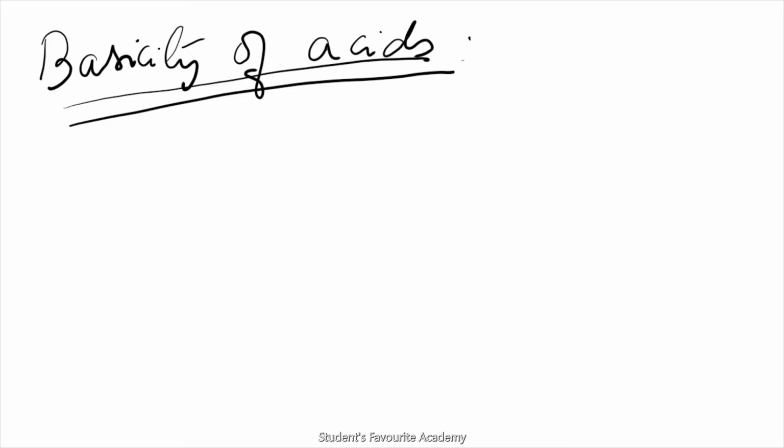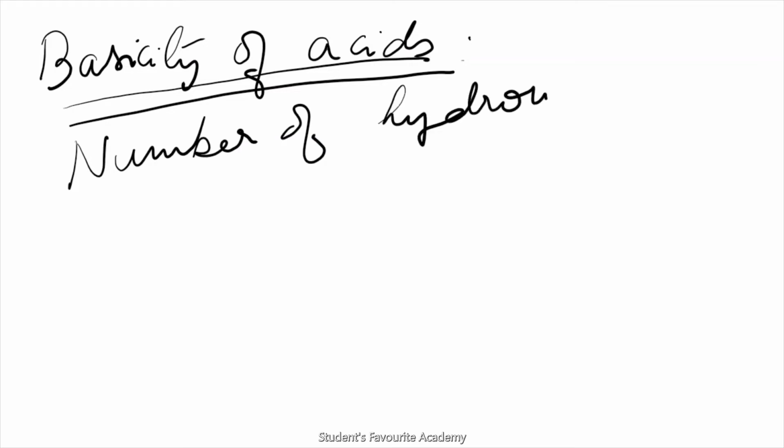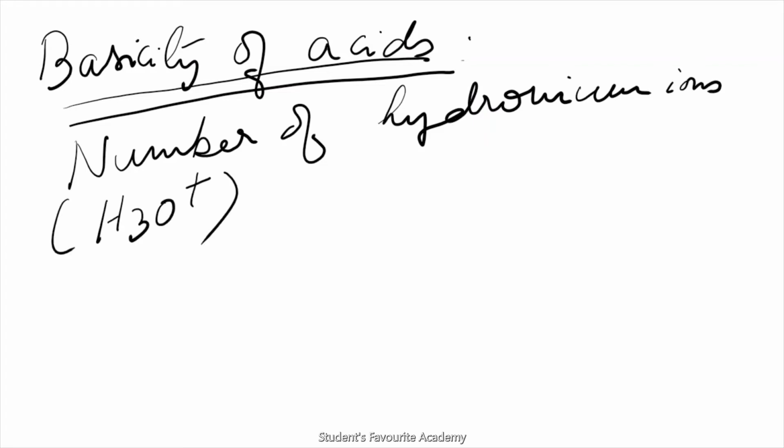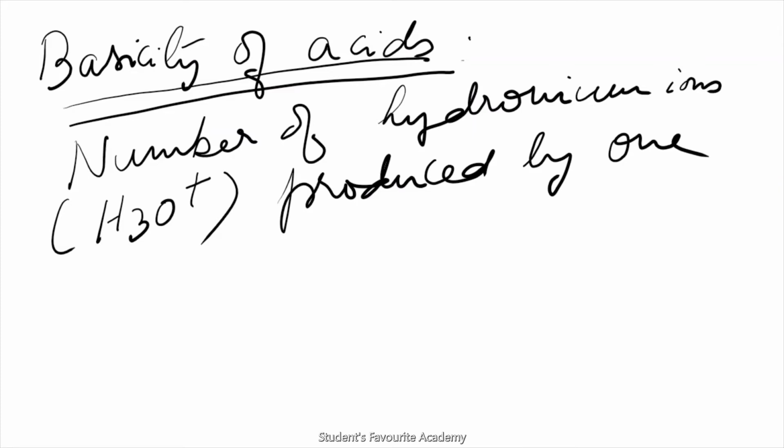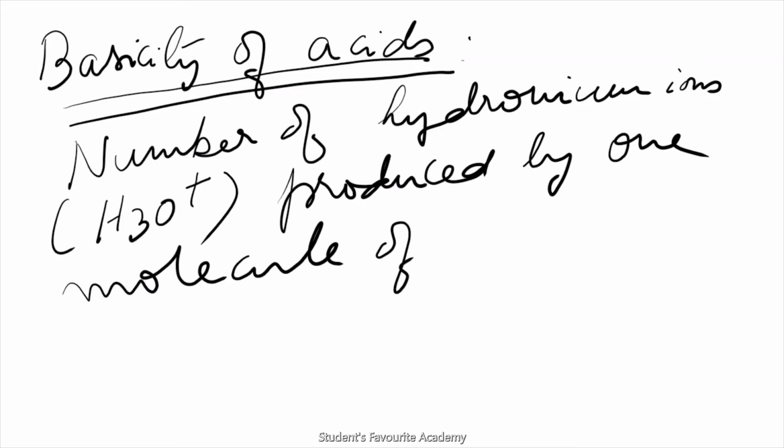Basicity of acid is defined as the number of hydronium ions, that is H3O+, produced by one molecule of an acid in its aqueous solution.